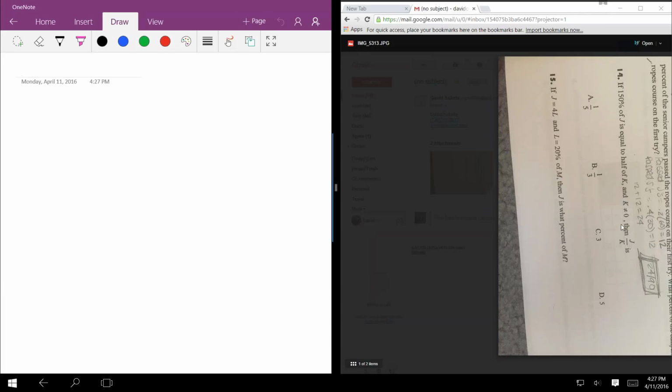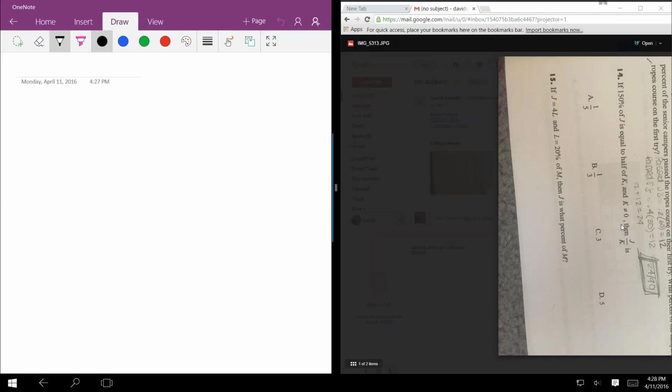So, if 150% of j is equal to half of k, then j over k is. So, read to me exactly how I need to write that equation, from starting word to the last word. How can I write the equation if 150% of j is equal to half of k?